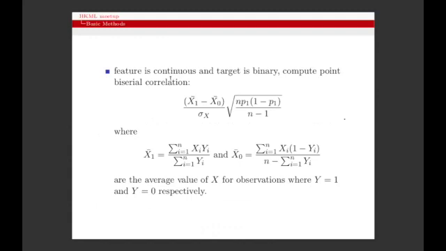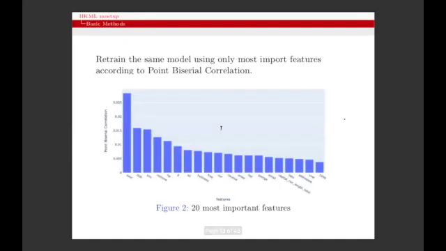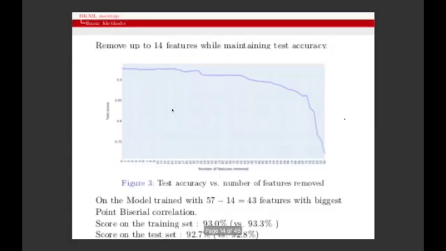Since features are continuous and the target is binary, for this data set we can compute the point biserial correlation, which is defined there and which is very useful to compare the correlation of continuous variables with a given binary target. Here I show the 20 most important features according to point biserial correlation. This is the first step in choosing features.